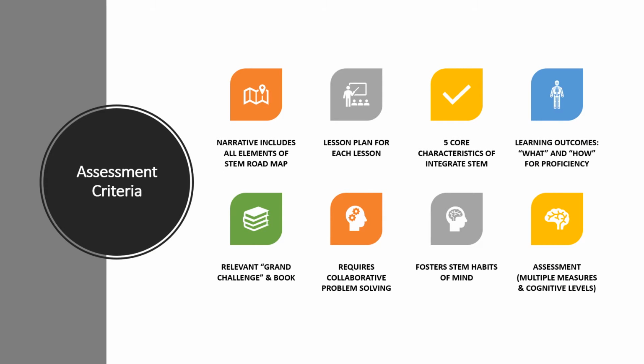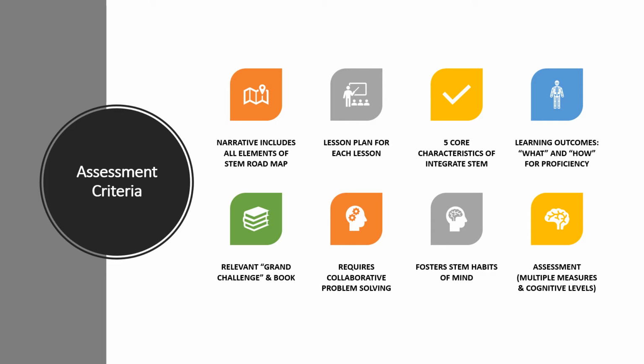The rubric that will be used to grade your assignment can be found at the end of the project assignment description. You can link to this through the syllabus tab. Overall, I will be looking at 8 major elements. Your narrative should include discussion of all elements of the STEM roadmap planning template that we just went through, and should show integration of key ideas from course readings, presentations, and discussions.